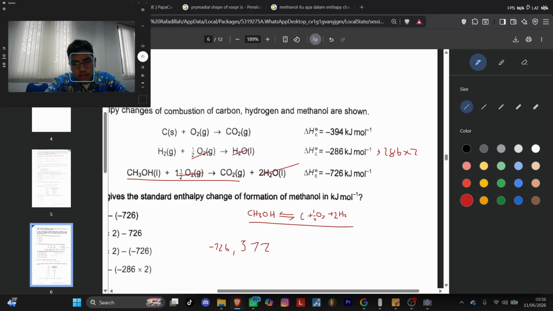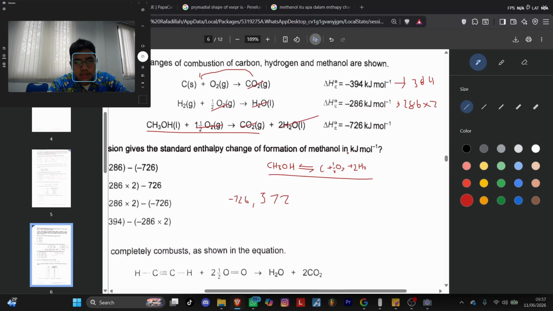We need to mirror this also because we want to delete the CO2. This becomes 394, not minus, because we change the CO2 in here.